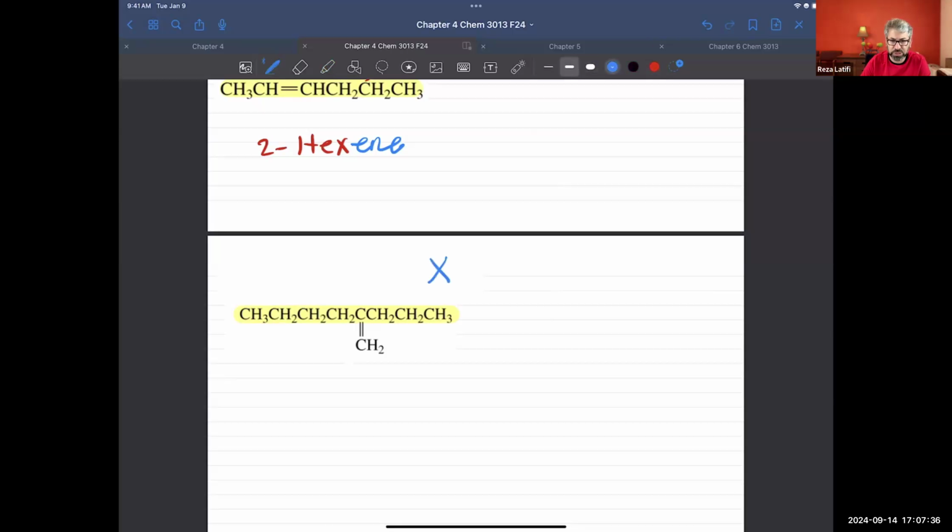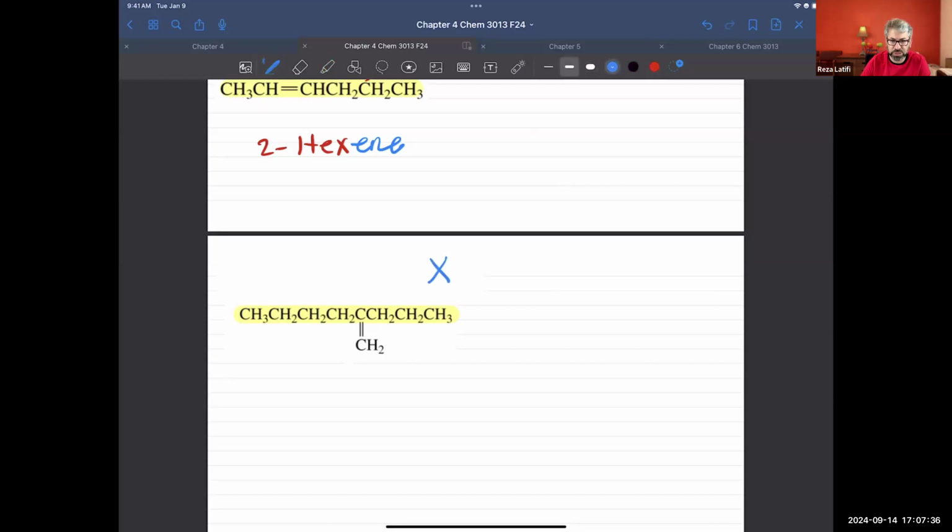Let's name this until now. What do we have? We have 6 carbons, and there is a double bond. On the first carbon I have a double bond, so it will be hexene. Do we have a substituent? Yes, this is our substituent. And what's the name for it? It's going to be a propyl. Where is it? It's sitting on the second carbon.